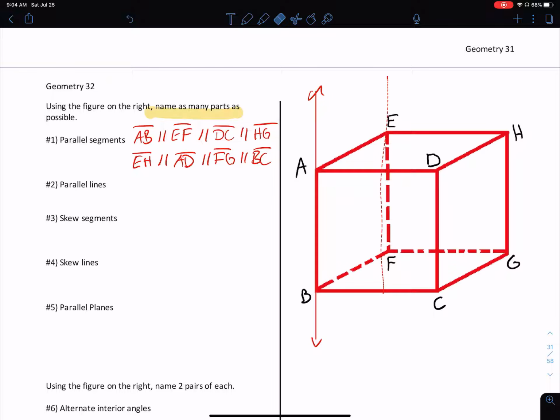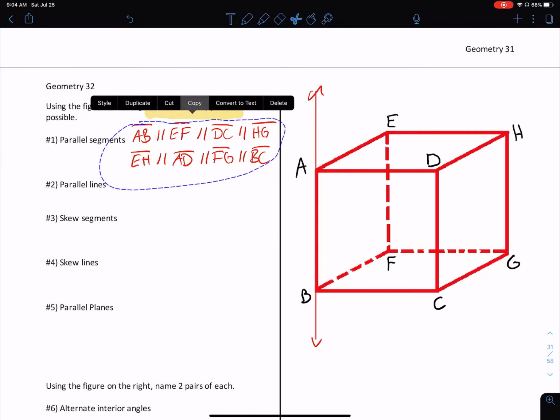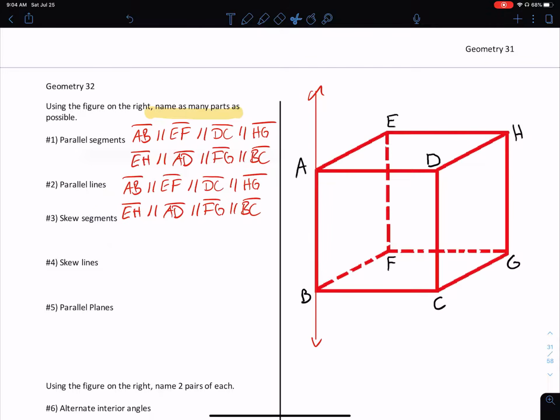So for that reason, I'm just basically saying it's the same answers that we had here, but instead of segments, they're lines. Same answers. They're just lines because the question asked for lines, didn't ask for segments.